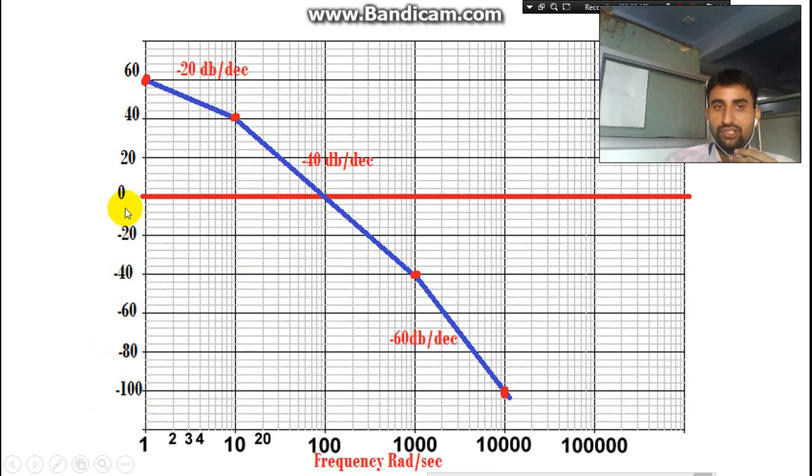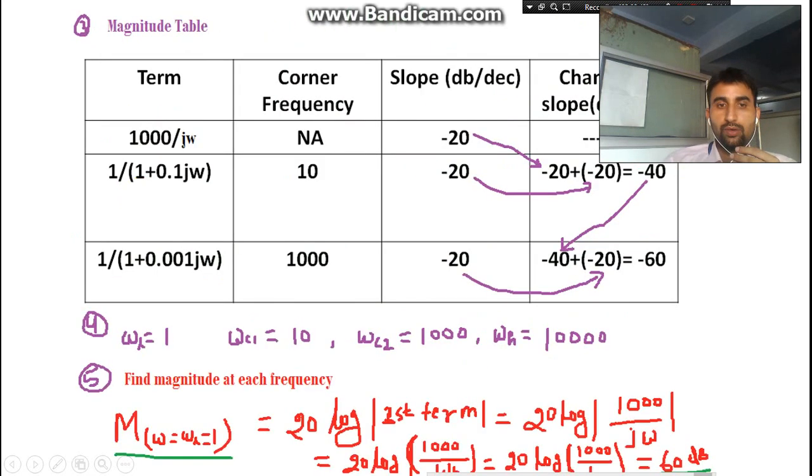So I have adjusted it in such a way that it can be kept 0 to 60 here and 0 to minus 100 here, and consider 20 dB space between each line. It is called a semi-log graph because this is the normal axis and this is the logarithmic axis.